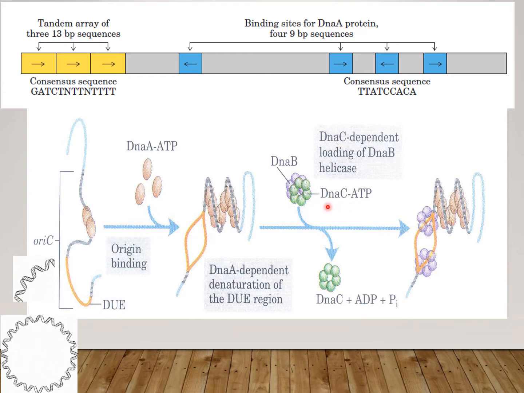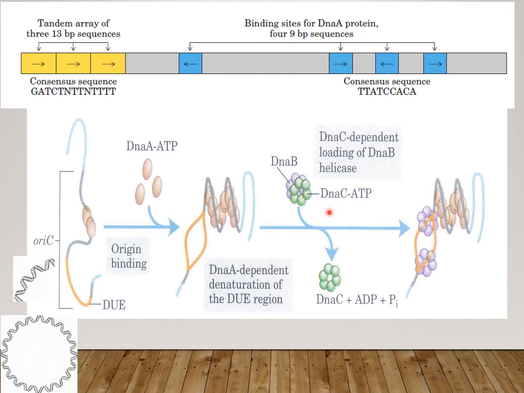Basically, with the help of ATP, it loads DnaB on both the strands of the DNA. So in summary, at the origin of replication, DnaA protein binds near the DUE region and opens up the DUE region, separating the two strands of the DNA.